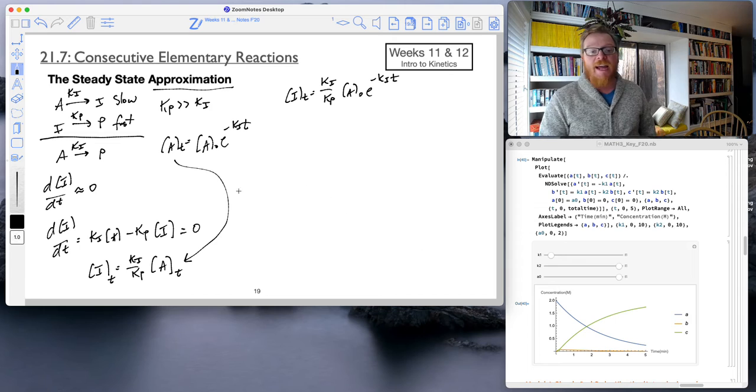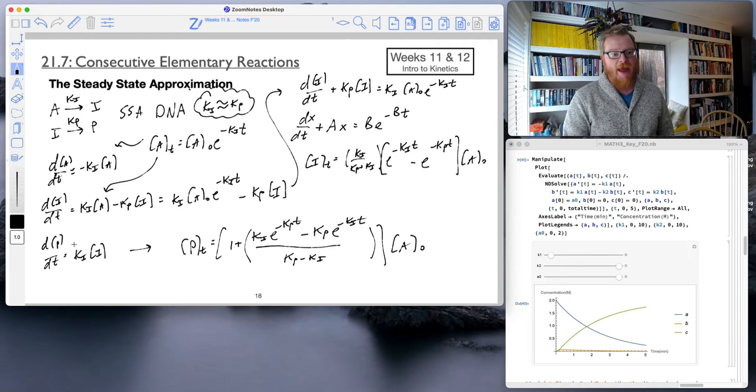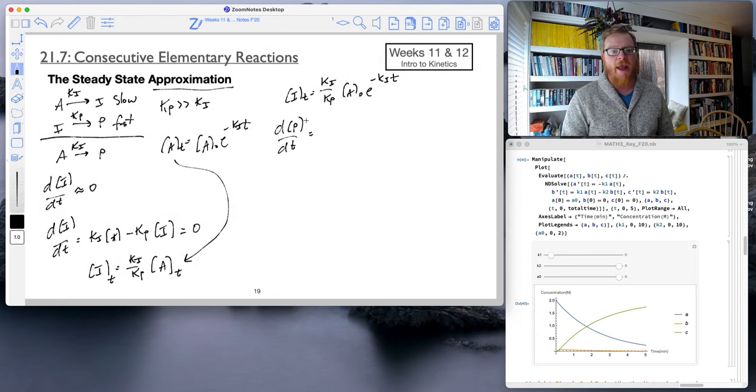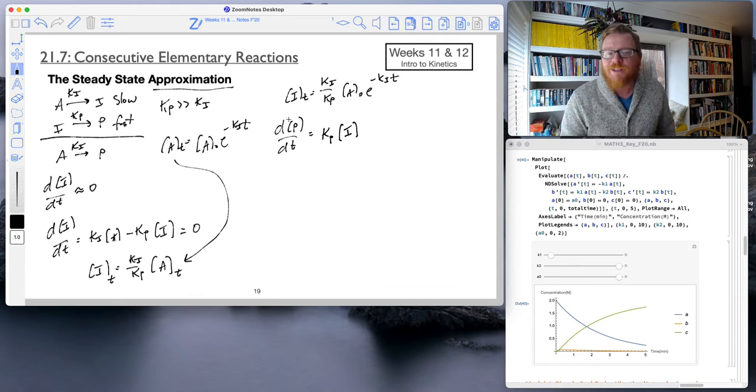But more importantly, I can get a nice straightforward expression for P. Okay, so we recall that the rate law for P, that we determined back here, will go the same way. dP by dt is just going to equal Kp, positive Kp, times I. And once again, we're trying to really figure out how much product we're making, but it's dependent on the concentration of our intermediate, which is not straightforward.